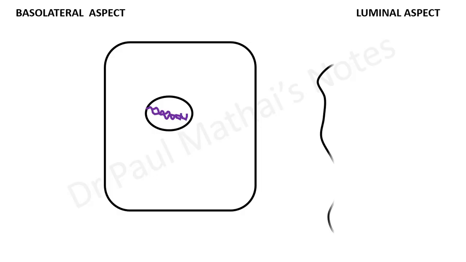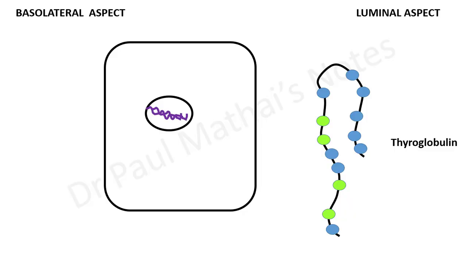The first one over here, as you can see, consists of a large number of amino acids marked in blue. The amino acids marked in green are tyrosine residues. Now this protein is called thyroglobulin, and it is seen inside the lumen together with the colloid.